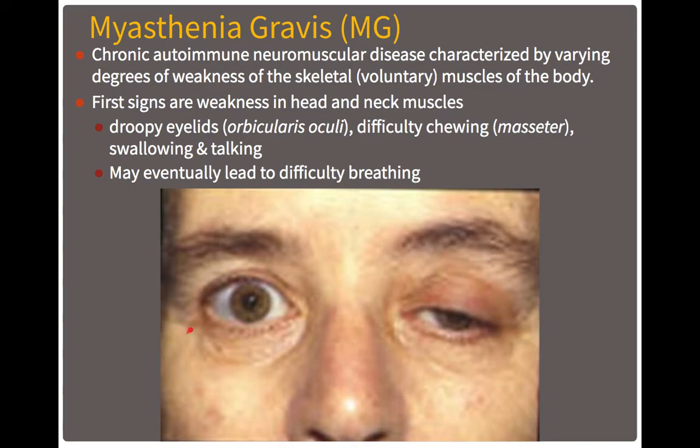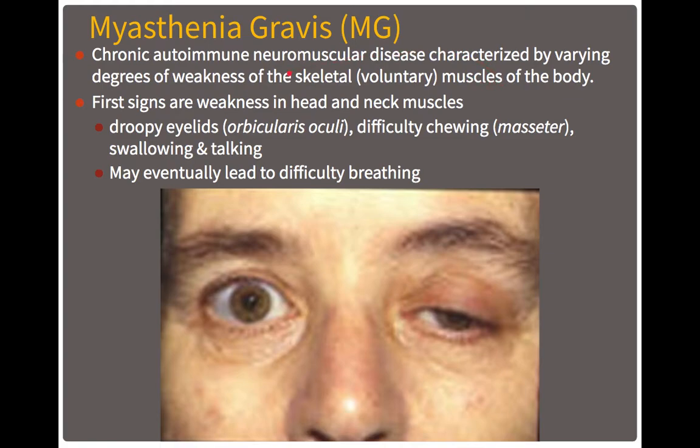Last of all, let's discuss myasthenia gravis, which is a chronic autoimmune neuromuscular disease, which means that your own immune system, if you have this disease, is attacking your own body. So what's happening? Well, you're going to lose control of the skeletal, which means the voluntary muscles in your body.